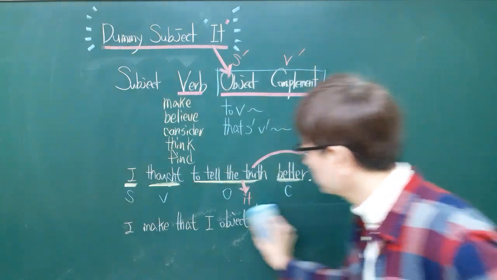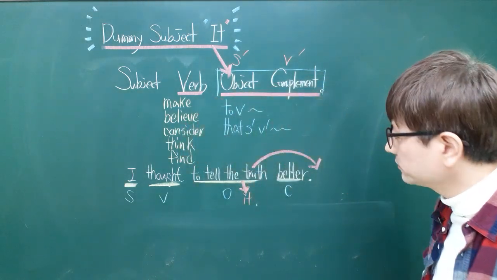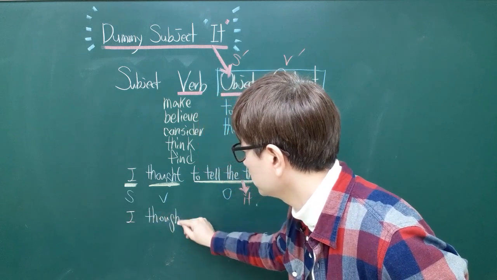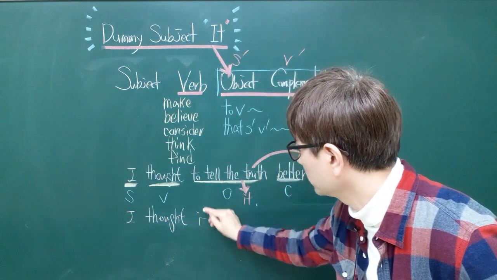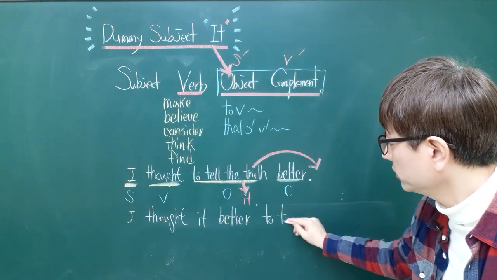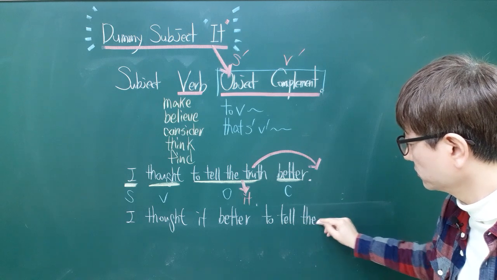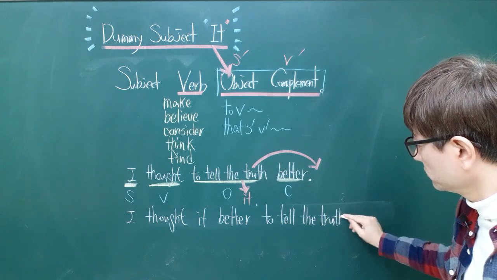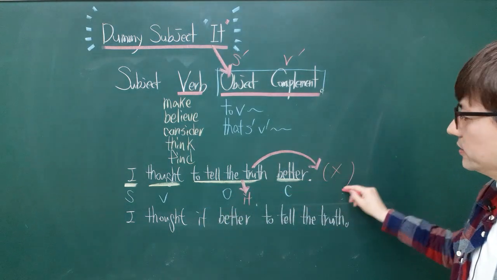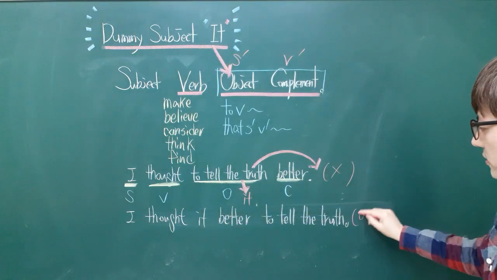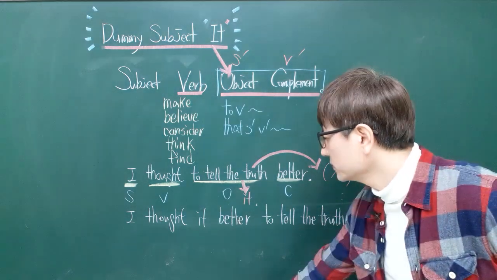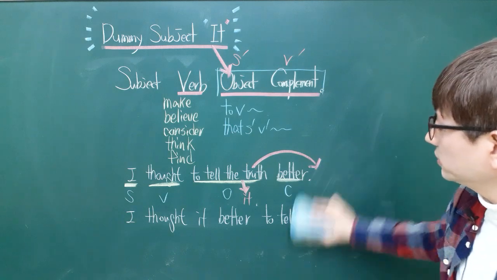So: I thought it better to tell the truth. This sentence is incorrect. This sentence is correct. Do you know what I mean? Good. Okay, let me do another example.